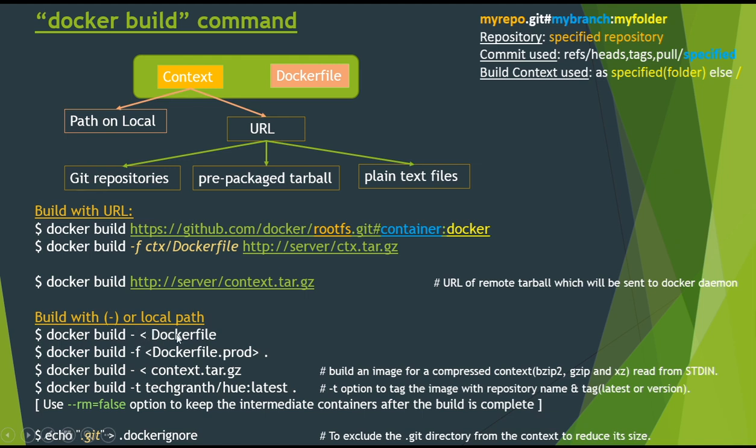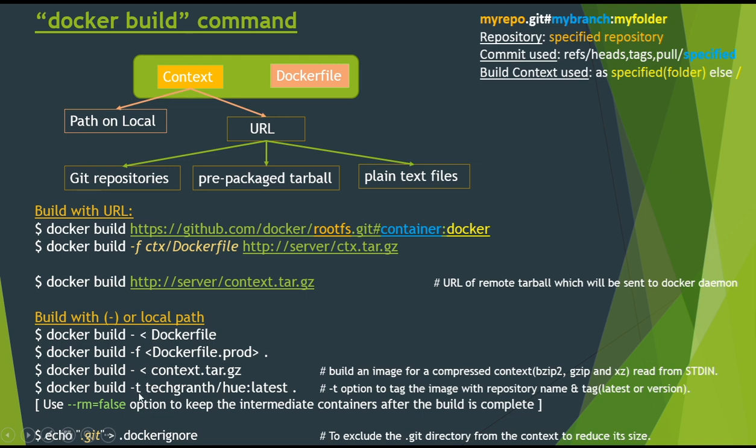Standard input will be given as Dockerfile, or we can give also docker build hyphen f, the f is for file, Dockerfile.prod if you want to use Dockerfile with different names or from different files, and this is for current folder. Same docker build we can also have standard input from tar file as well, and we can also build with the tags as the tags are also useful to remember those images and to just categorize those images.